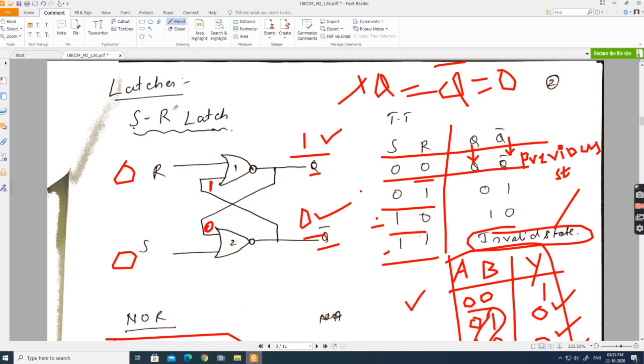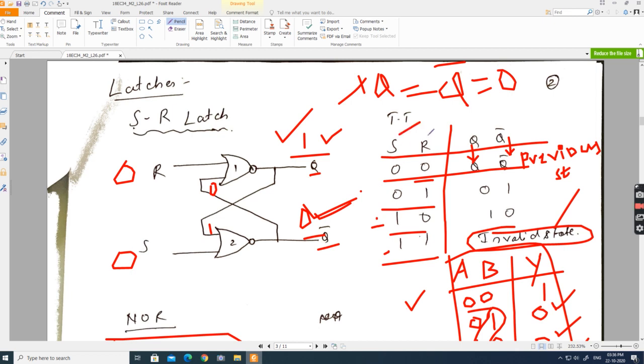In this condition, let me check what will be the output. This one will come here, this 0 will come here, 0 NOR 0 is 1 again, 1 NOR 0 is 0 again. Correct? So the output will be, Q will be retained as Q and Q bar will be retained as Q bar. That's why this state is called the previous state.